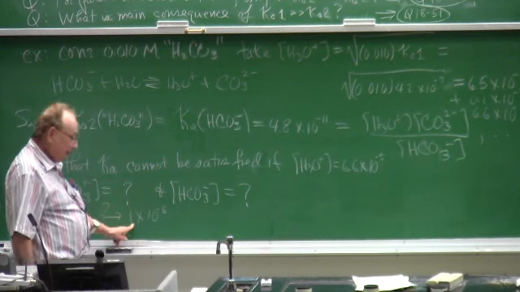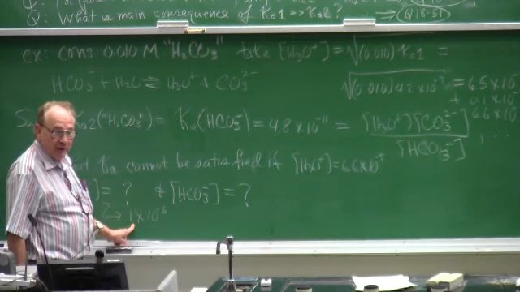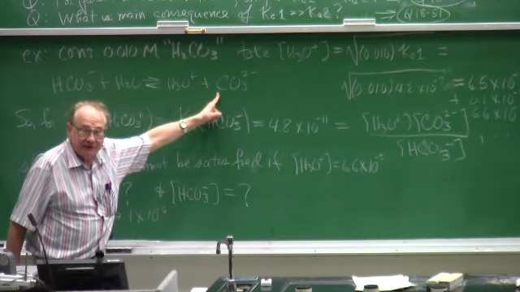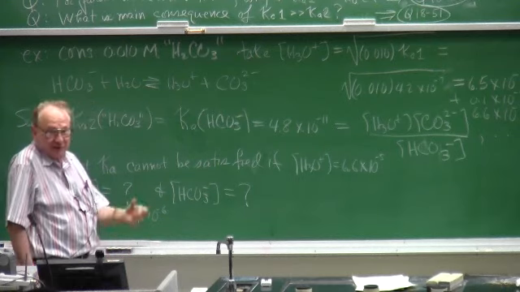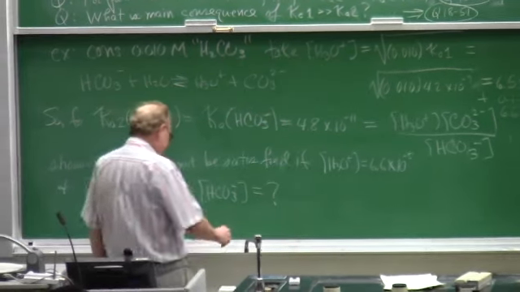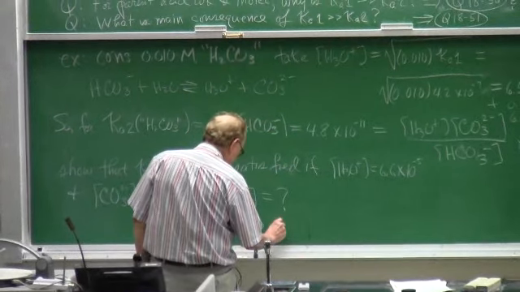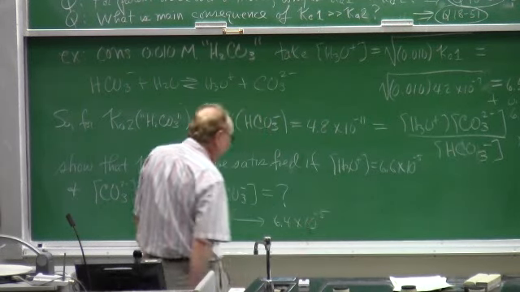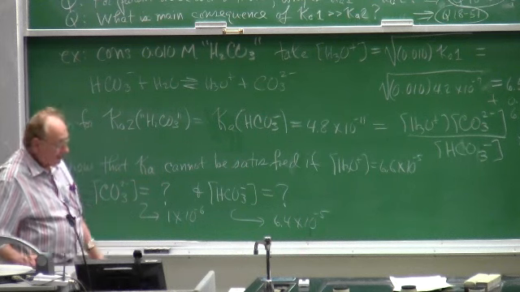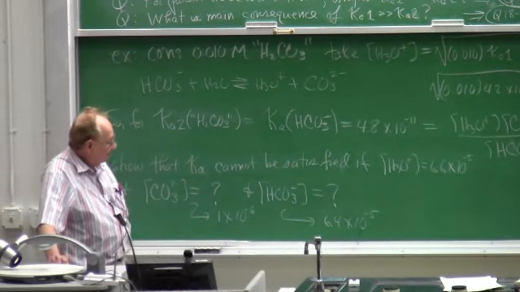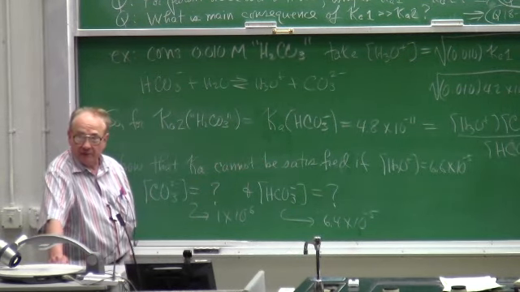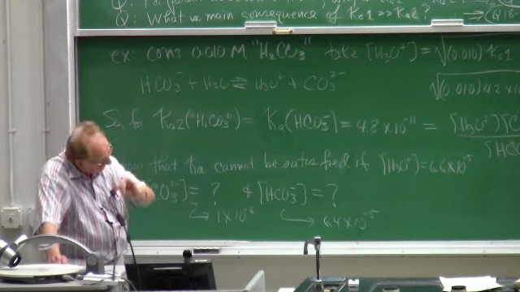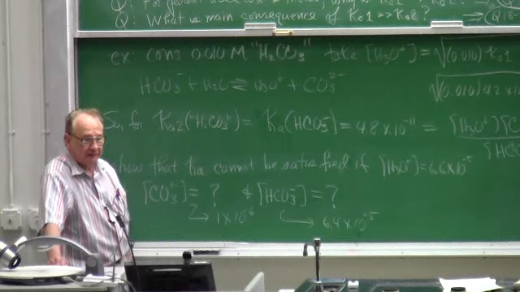Because you lost 0.1 times 10 to the minus 5 moles per liter of this to make 0.1 times 10 to the minus 5 moles per liter of this. It's just material balance. All right? So these are the values which we would have for the components of that equilibrium constant expression, if this ionization equilibrium makes any boost at all to the hydronium ion concentration.